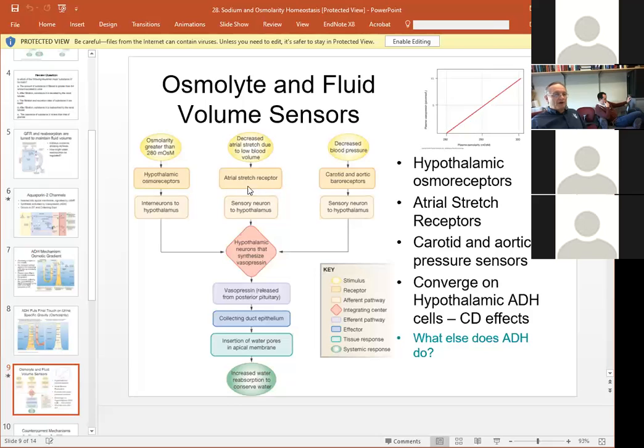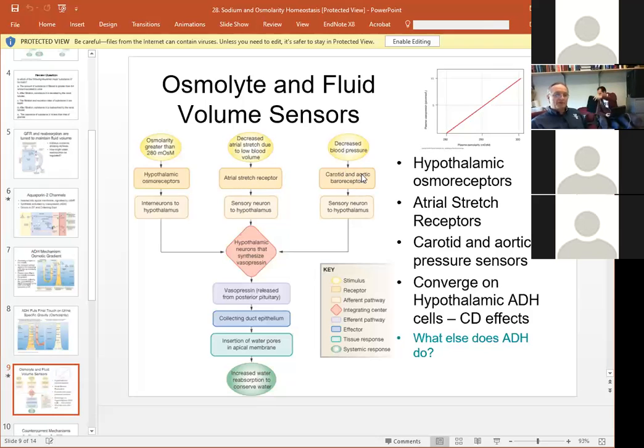This is more of a volume receptor, we like to think. It is detecting the stretch, just like the stretch receptors in the carotid bifurcation in the arch of the aorta. But it's more of a stretch without increasing the pressure very much. So it's more of a volume change than a pressure change.